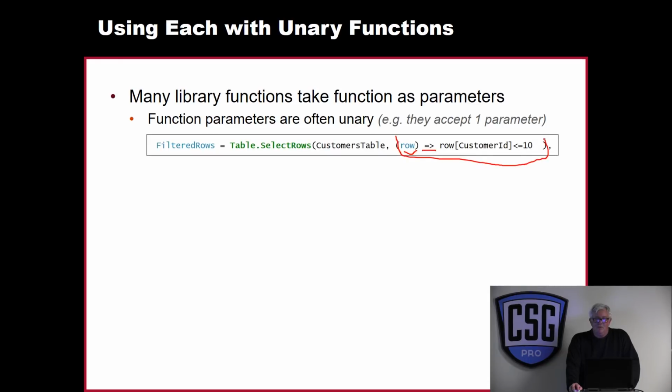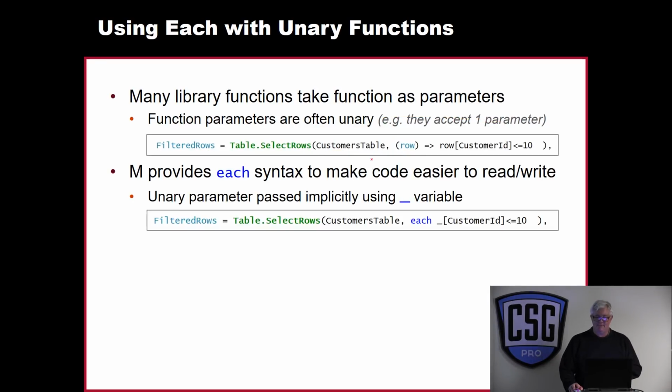I want to select rows, I want to filter, so you write a function here that looks at the rows, and if the customer ID is either equal to or less than 10, return it. So here's the long-winded way, and you see that you put a table inside here. Here's the thing I want to filter, and then here is a function that we run on each row to come out with a true or false of whether to include that row in the set or exclude it from the set.